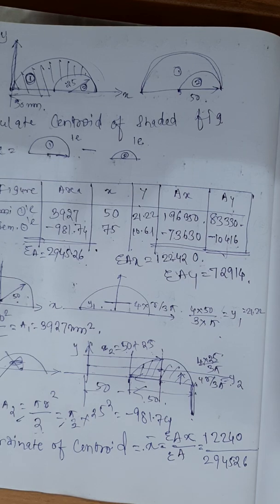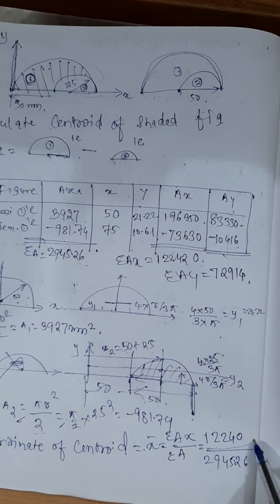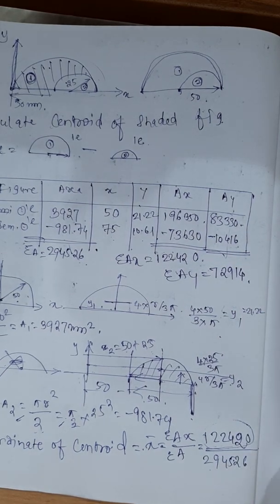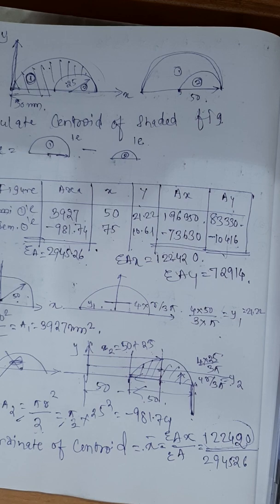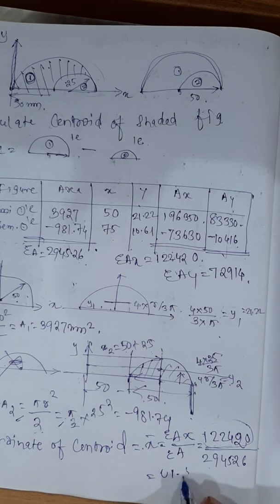Yes, what is the answer? 122420 divided by 2945.26 is equal to, right now it is okay, we got the value of x bar is equal to 41.56.